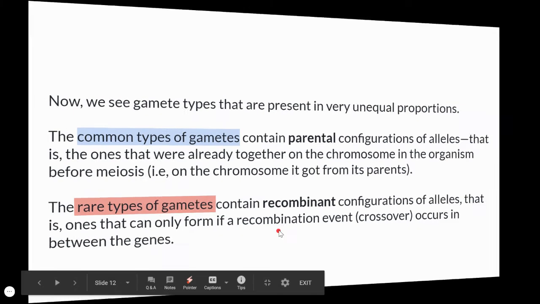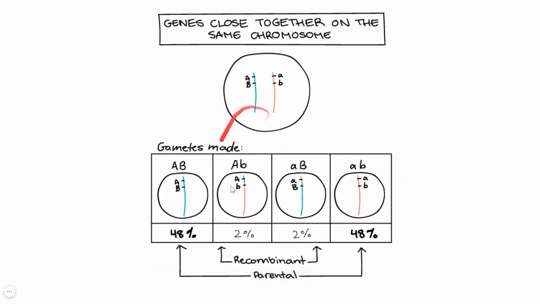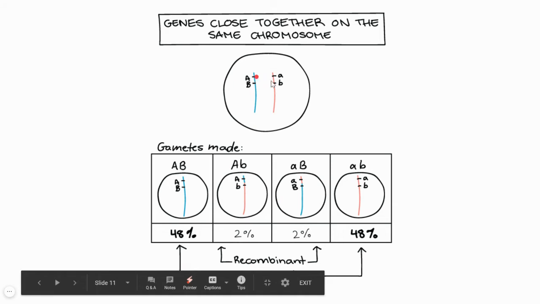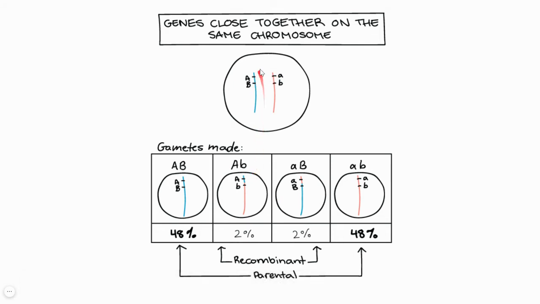That means if crossover, which is very rare to happen in such a small distance, happens, then the common type of combination will not be seen. You will see some recombinant variety. Now, because crossover doesn't happen at such small distances, or it happens randomly, there is a high chance that when crossing over is happening, A and B will get inherited or will link and swap together.